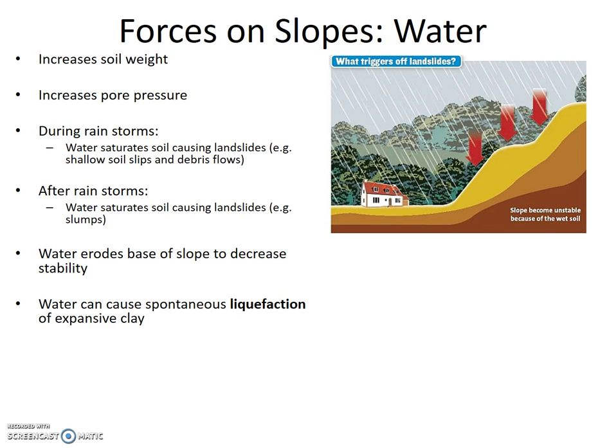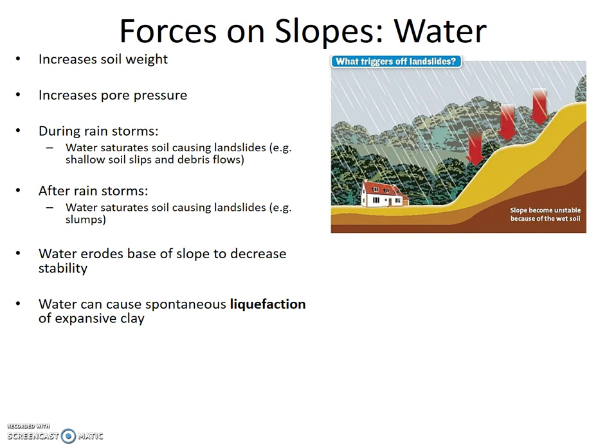Another important force on slopes is water. Primarily, it increases soil weight, but it can also increase pore pressure, making material more prone to flow. During rainstorms, water saturates soil, causing landslides, i.e. shallow soil slips and debris flows.